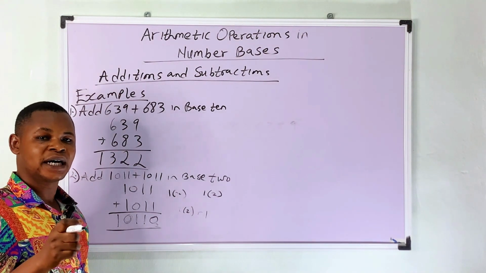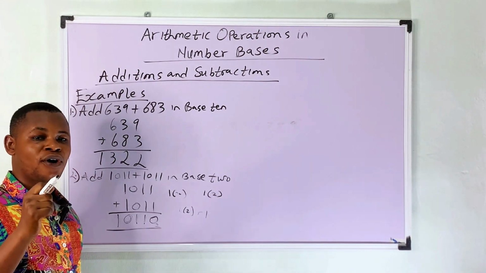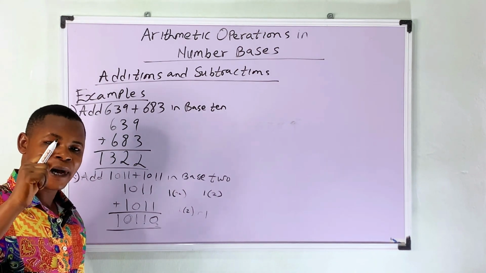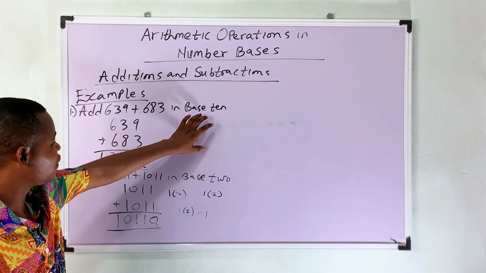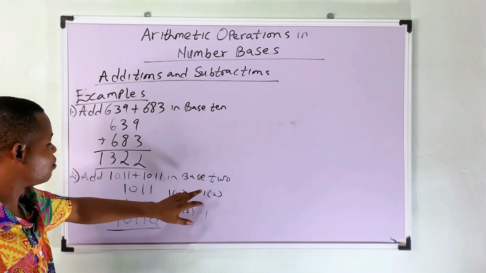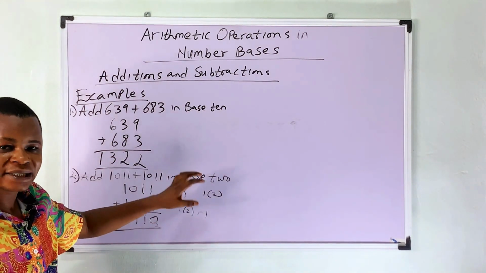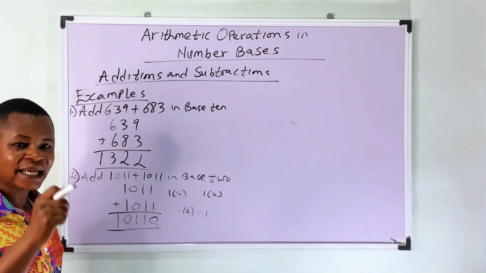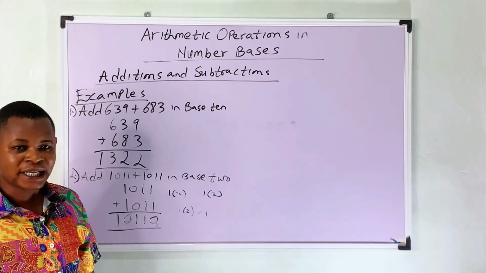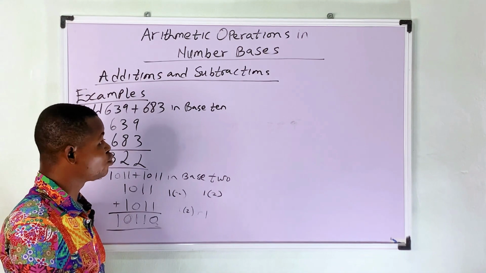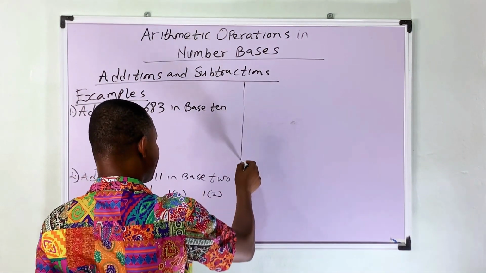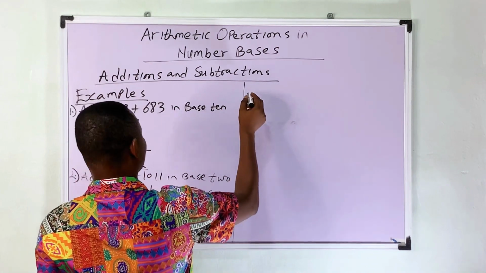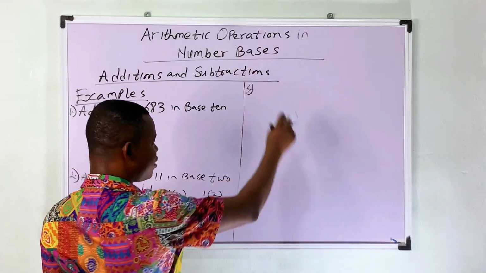Let's solve another example on a number base that we are not conversant with. We are conversant with base 10, and we are conversant to some extent with base 2 also. Let's solve another example on a base other than base 2 and base 10. Example 3.